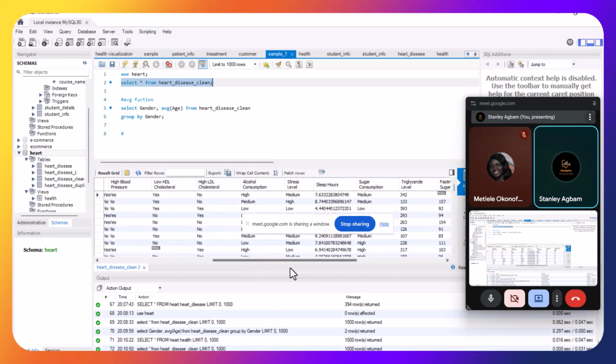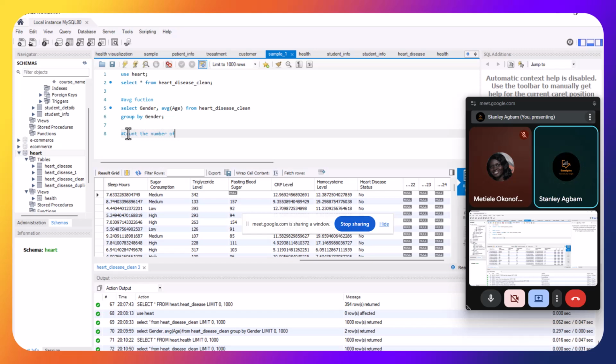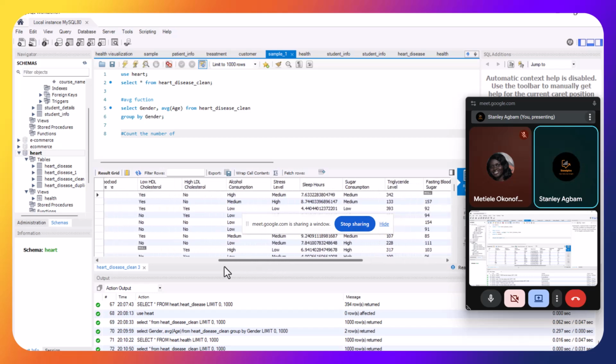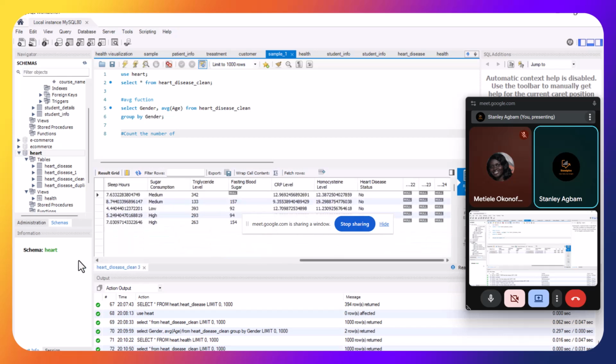So we want to count the number of, what can we work on?